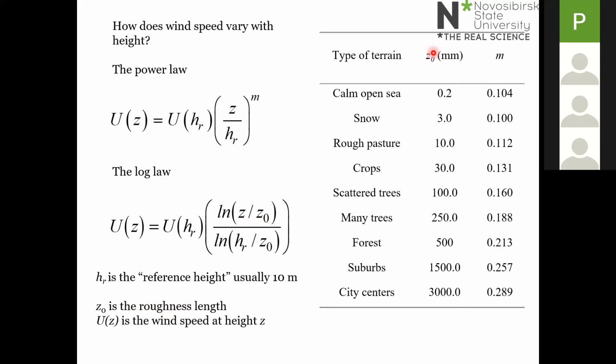And you can see that the roughness length, as you probably would expect, increases as we go from a smooth surface to a very rough surface. So often what is done is, if we don't have measurements at the hub height of the turbine, but we have measurements at lower heights, then we can extrapolate that.